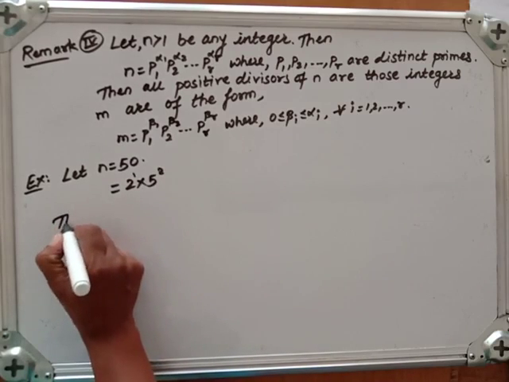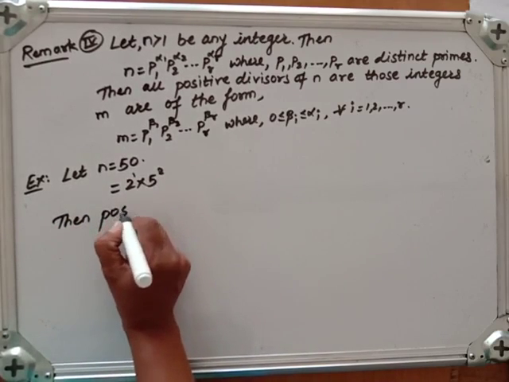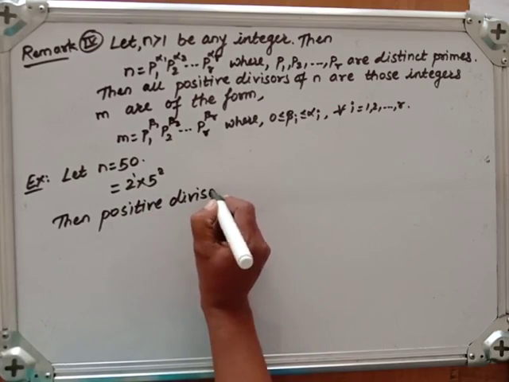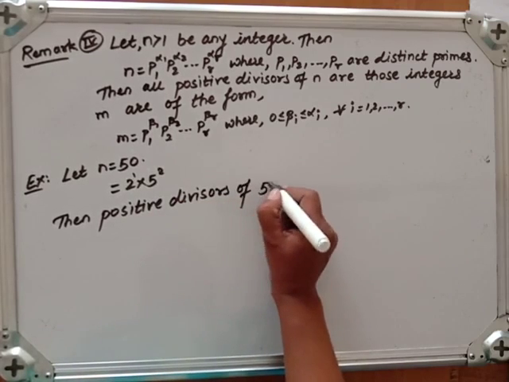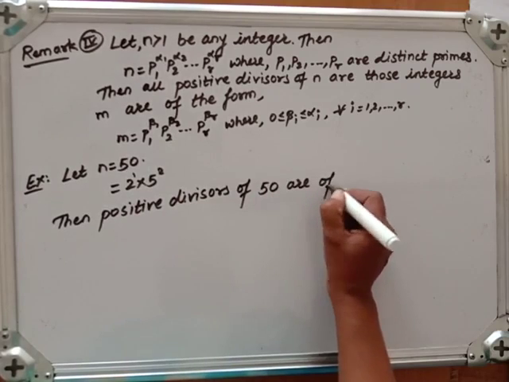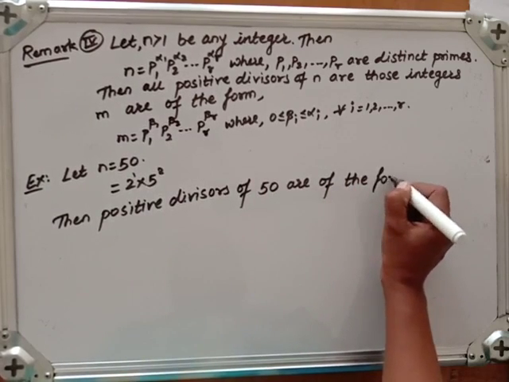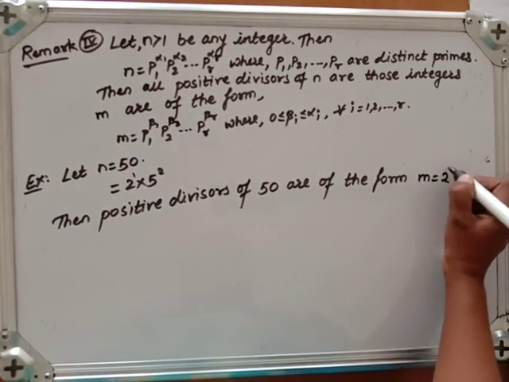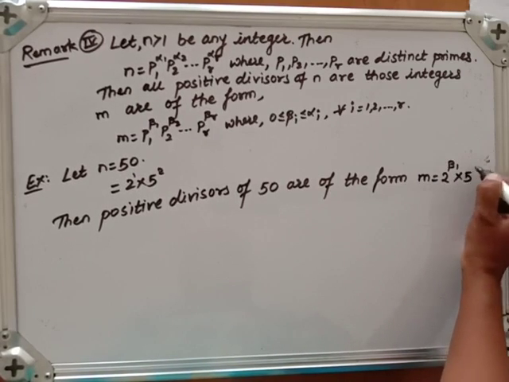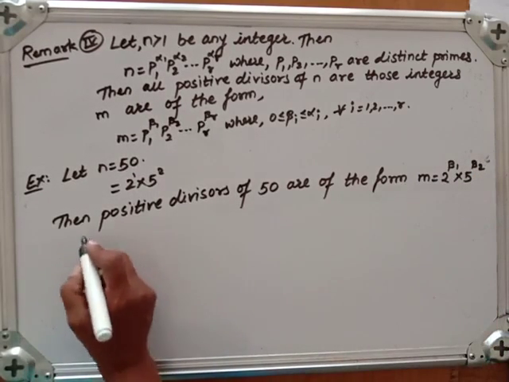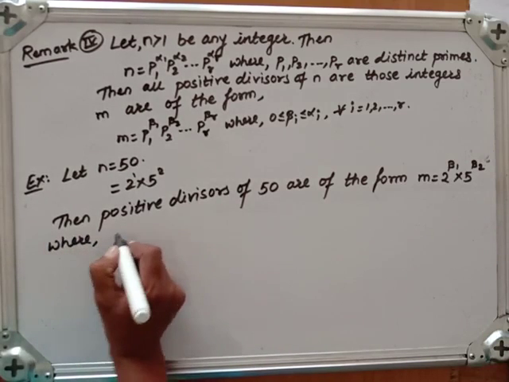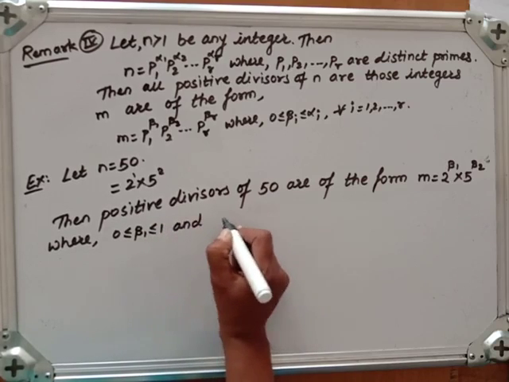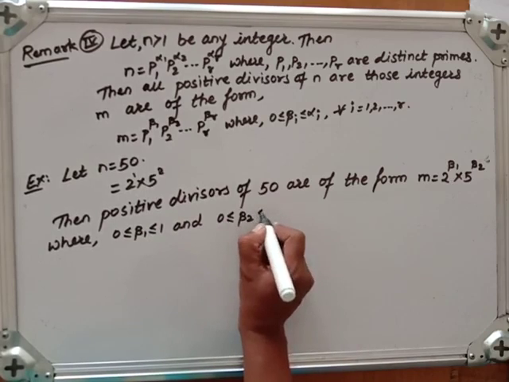Then positive divisors of 50 are of the form m equal to 2 raised to beta 1 into 5 raised to beta 2, where 0 less than or equal to beta 1 less than or equal to 1 and 0 less than or equal to beta 2 less than or equal to 2.